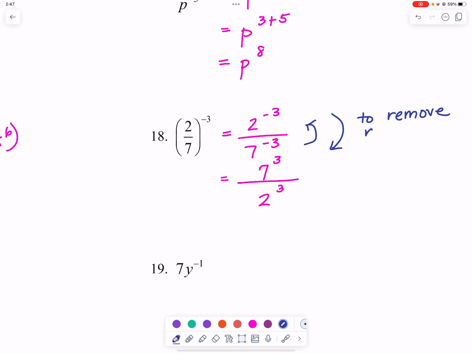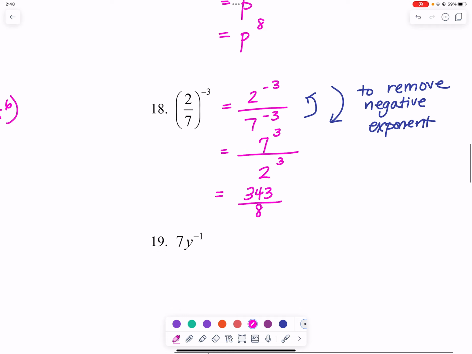And we do that to remove the negative exponent. And now all we have to do is cube 7 and cube 2.